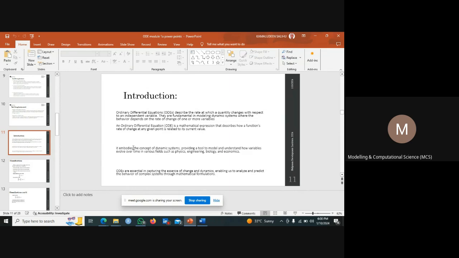So ordinary differential equations are essential in capturing the essence of change and dynamics, enabling us to analyze and predict the behavior of complex systems through mathematical formulation. This is one of the reasons why scientists or engineers use differential equations: to be able to predict and analyze the behavior of systems over time.